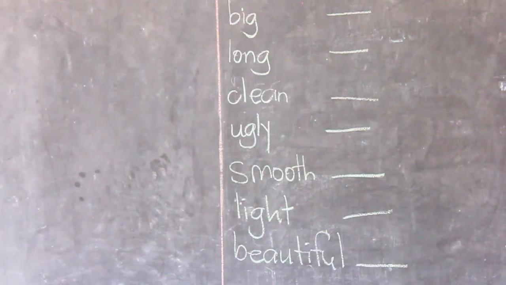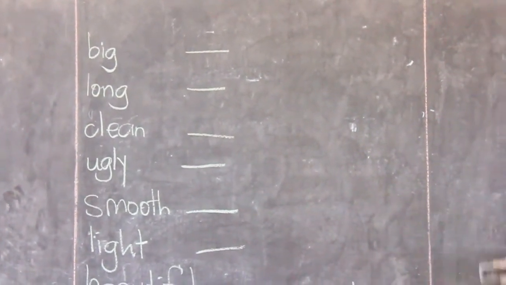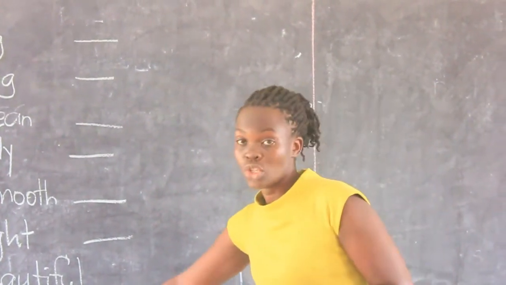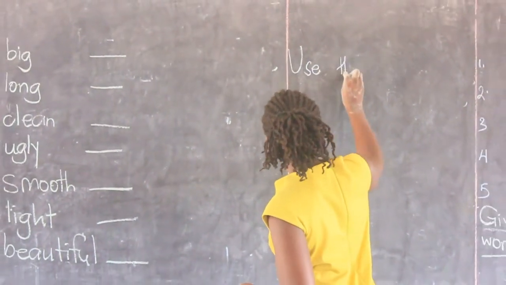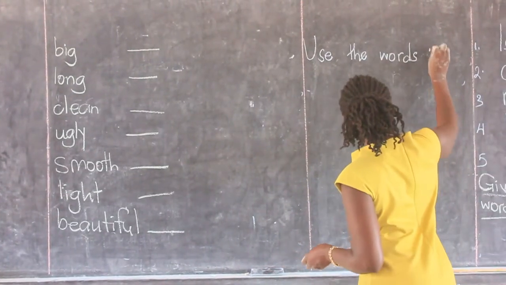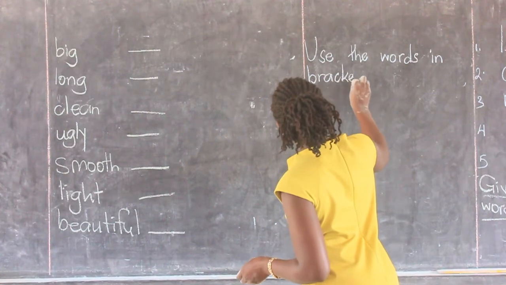Then the last two numbers, I'm going to put them here. You're going to use the words in brackets to complete the sentences.